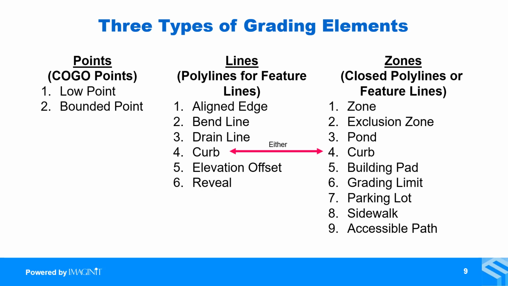I could have exclusion zones where the grading is not going to occur. I could have ponds, and curbs, which are just like the other polylines, except if I have a closed polyline, the top of the curb or back of curb is then filled in at that elevation to create things like islands. Building pad locations, grading limits, which are always required, parking lots, sidewalks, and accessible paths for ADA ramps and things like that.